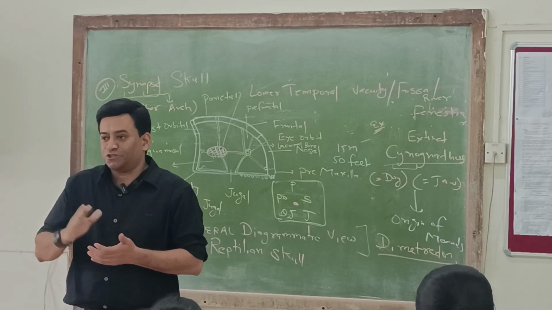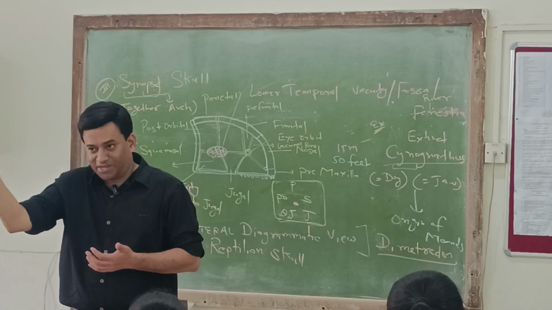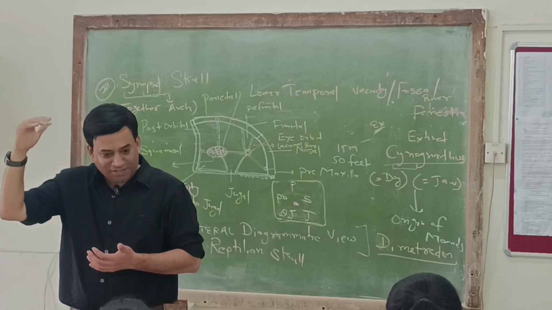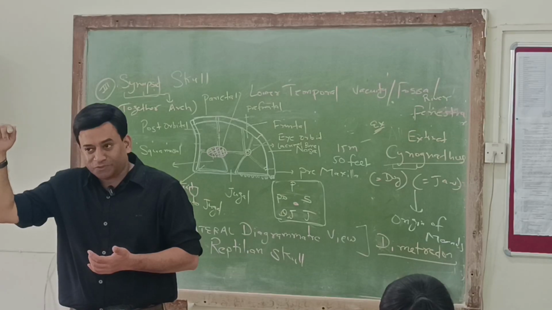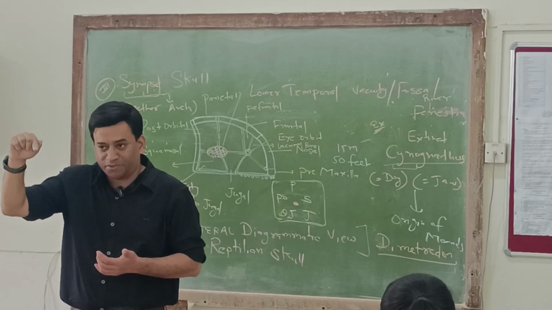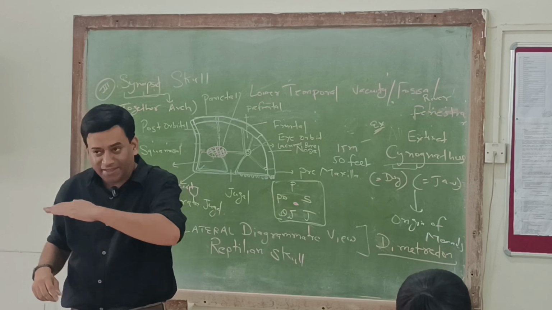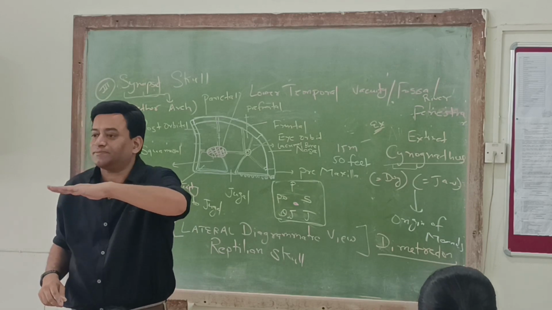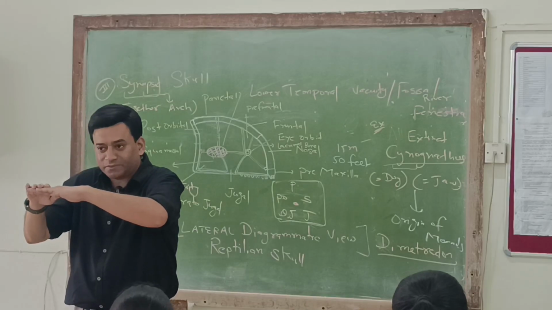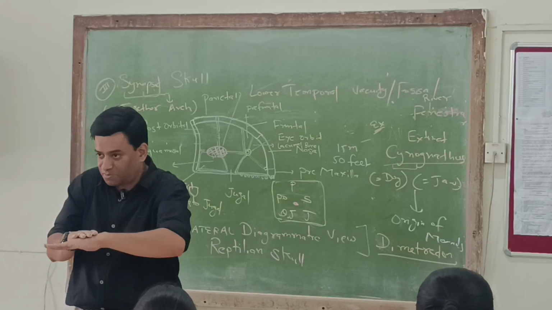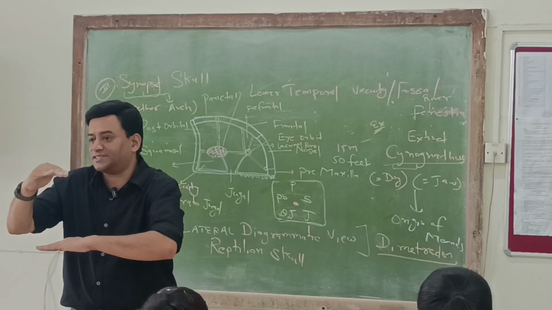Got my point? So no vacuity, single vacuity, which is superior temporal vacuity, which is surrounded by the post orbital and the squamosal bone. But then there is a partition developed which pushes down this post orbital and the squamosal bone at the lower side, and two new bones come into existence.